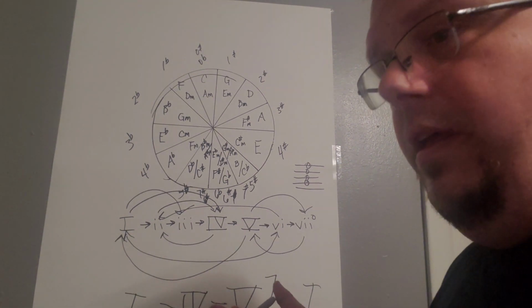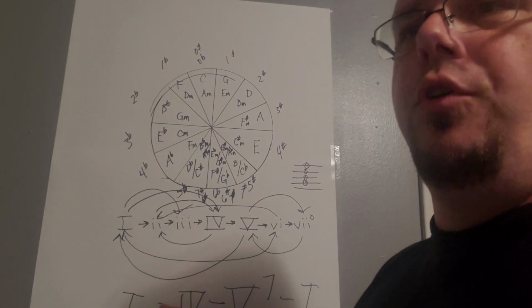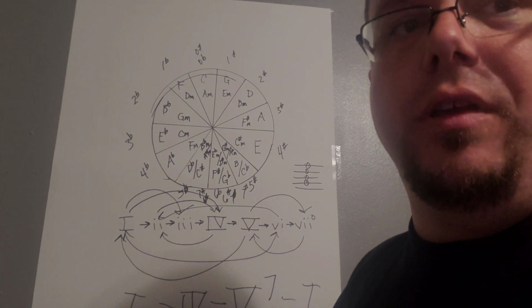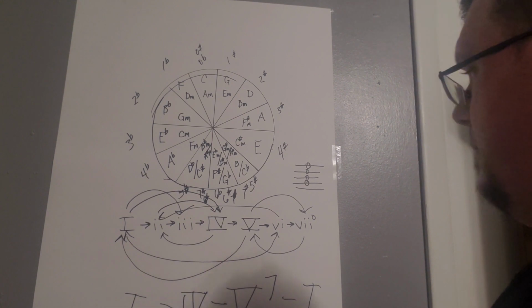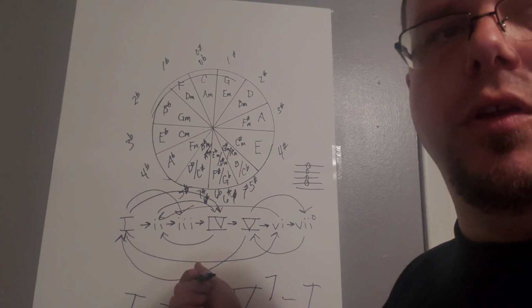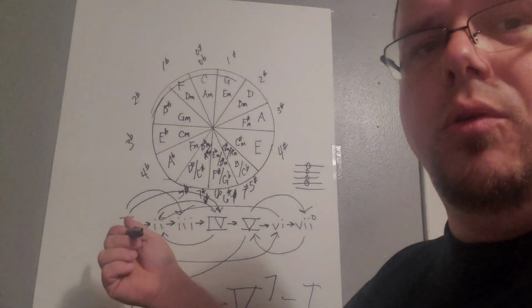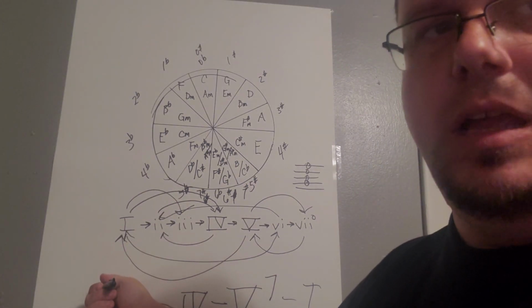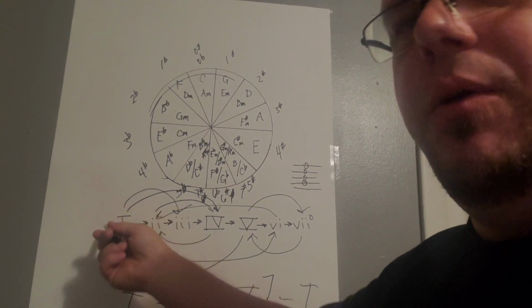However, this is what 90% of the popular music over the past 150 years has been based on. If you're starting out songwriting and you just want to write something simple and you don't really have that much experience, this is a great way to get started.